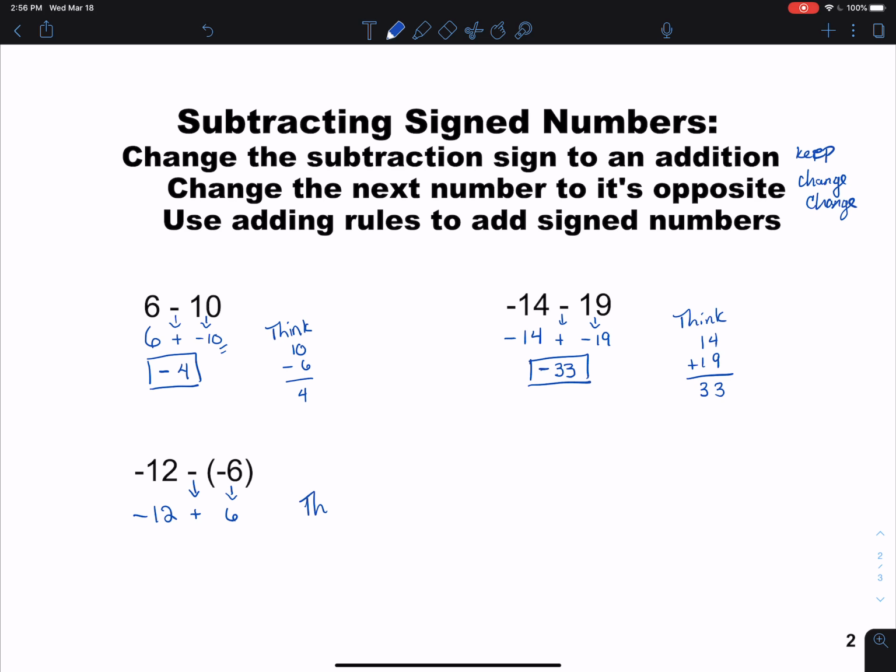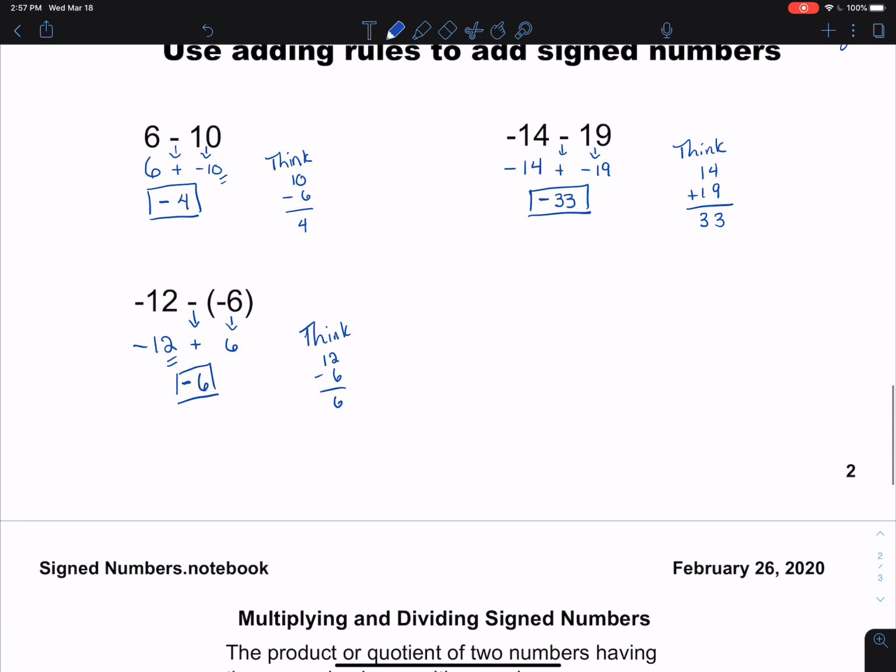Now that I have it written as addition, they're different signs. I have a negative 12 and a positive 6. So I subtract the absolute values to get 6. And then I look back for the bigger number part, the bigger absolute value, which was negative 12. So that means my answer is also going to be negative.